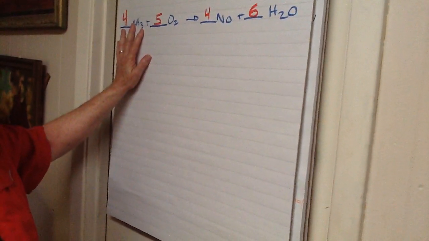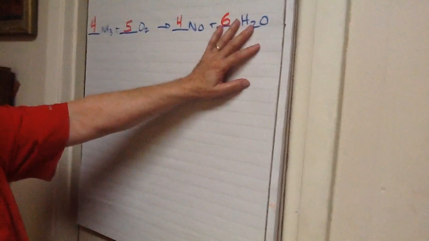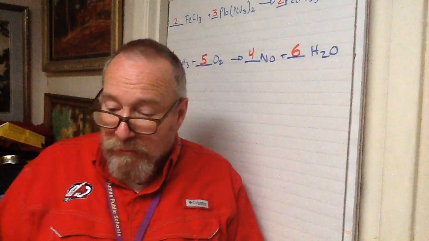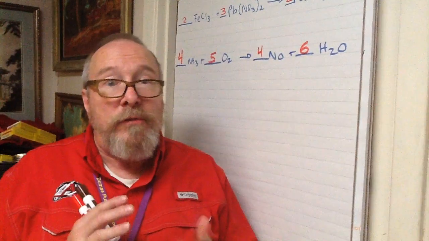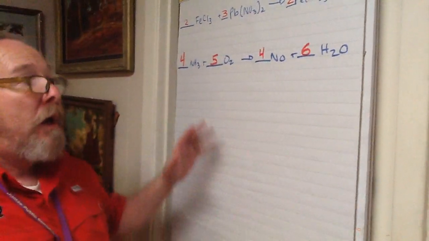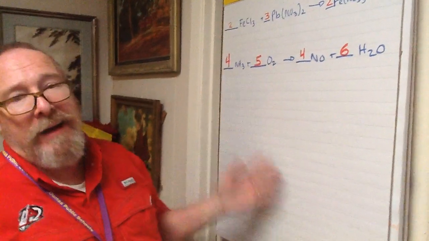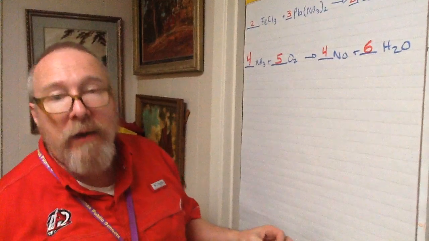So I just went up and tried a 6, and this time, it worked. So balancing equations sometimes takes a little trial and error, but we need small whole number coefficients, and in this class, and for 99% of most chemical reactions anyway, we're not going to go into double digits.